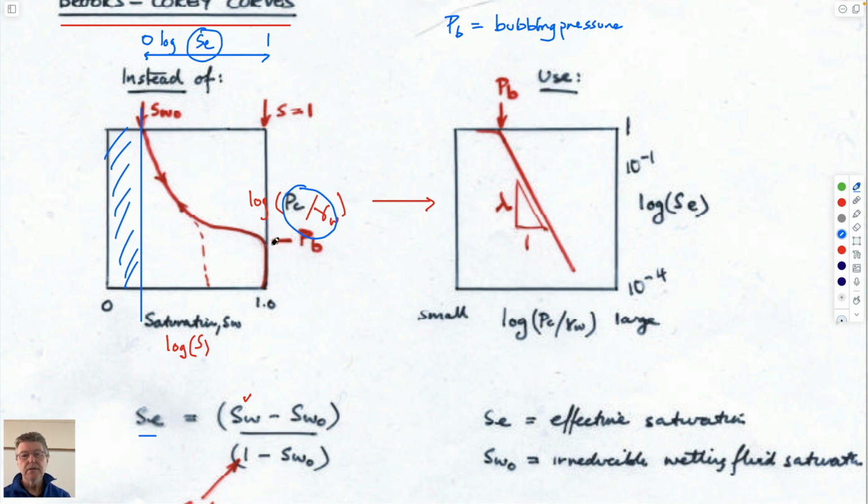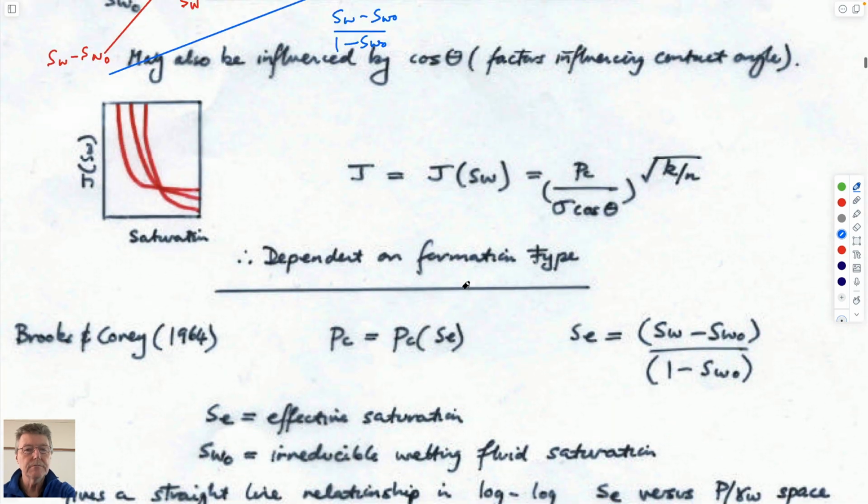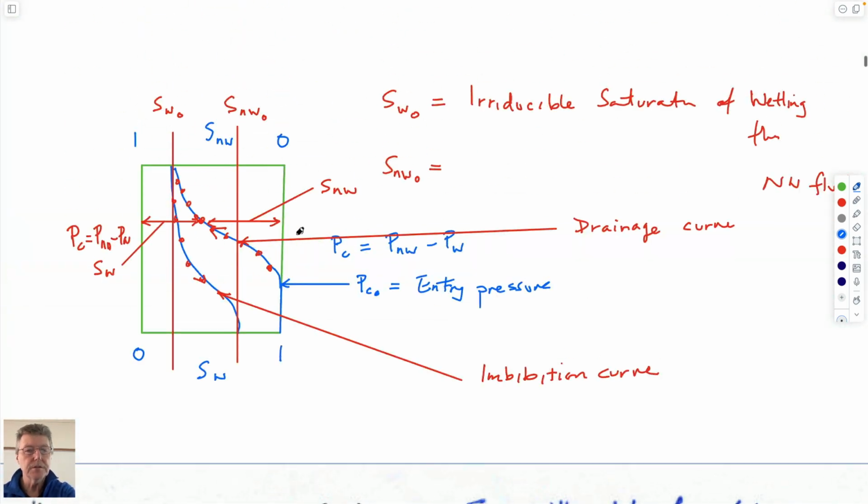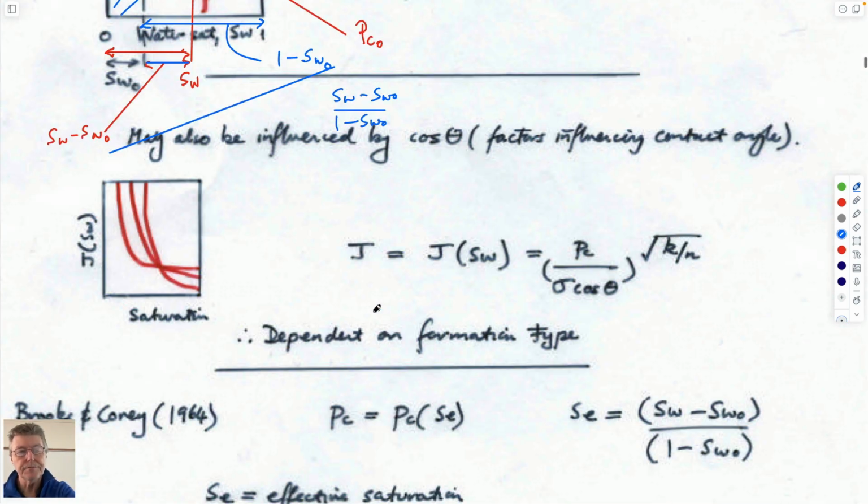This is the first saturation of a non-wetting fluid getting into it. This bubbling pressure is this point here, which was here. This is also what we called PC0 on our curve. This term here, PC0.